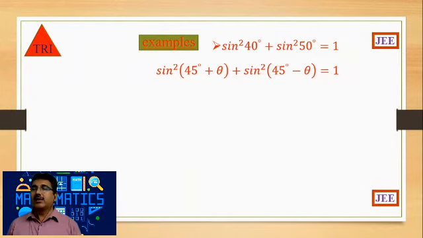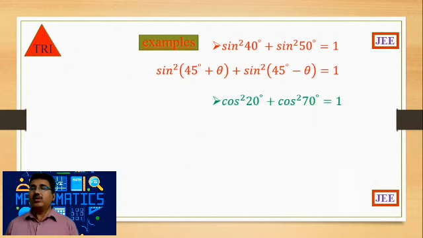Now, what is the value of cos square 20 plus cos square 70? Here also cos square 70 is the same as sine square 20, so from identity 1, that is equal to 1.